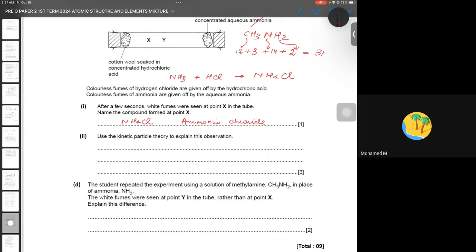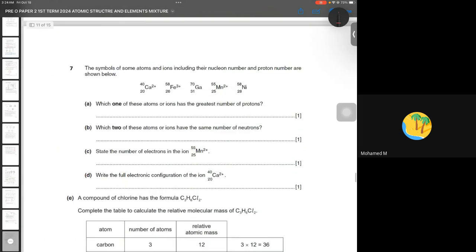This is the reason they would be meeting at point Y. Their diffusion is slower as compared to ammonia. Ammonia was only 17. This is 31, okay? Yes, good.